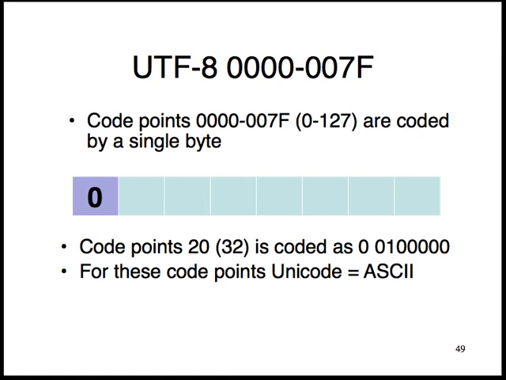So from 0 to 127, Unicode and ASCII map perfectly to each other. Now here's where the plot thickens. Once you go from 128 up, it gets a bit freaky.